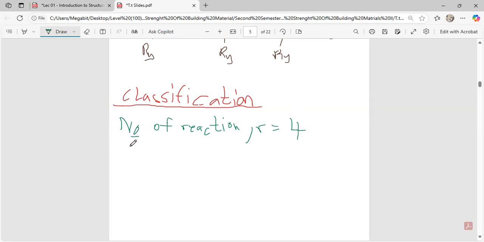And also the equation of condition. Our equation of condition is how much? 2. Okay. So our equation of condition, EC, is equal to 2.